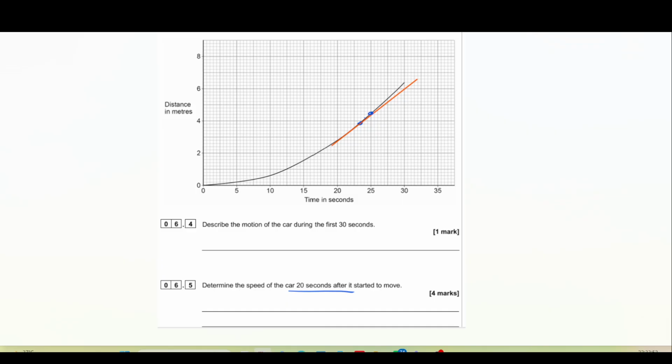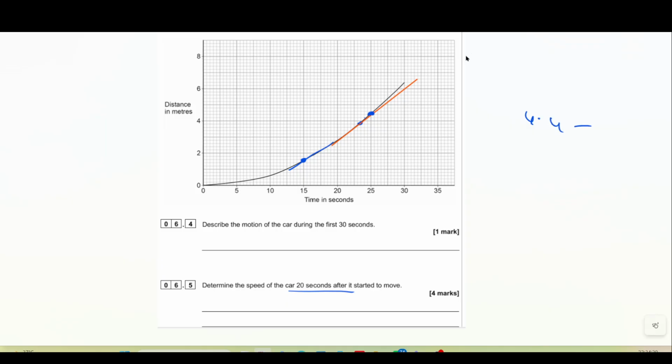Suppose I take 25 as one point and 15 as another, because this line passes through these. At 25, the distance is 4.4.